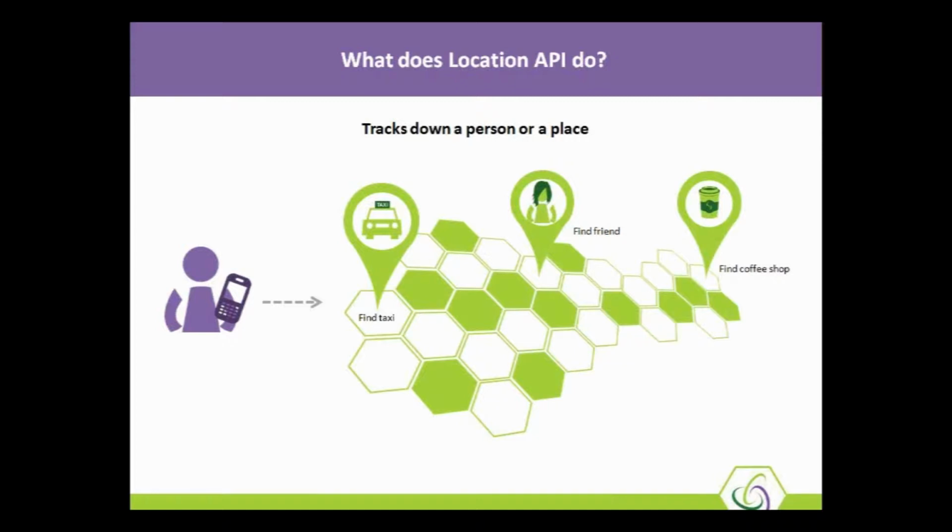In location-based APIs, what we are simply doing is tracking down the subscriber or your user. As soon as you switch on a phone, it's connected to a telco or mobile operator. In simple terms, you are connected to your nearest mobile tower.